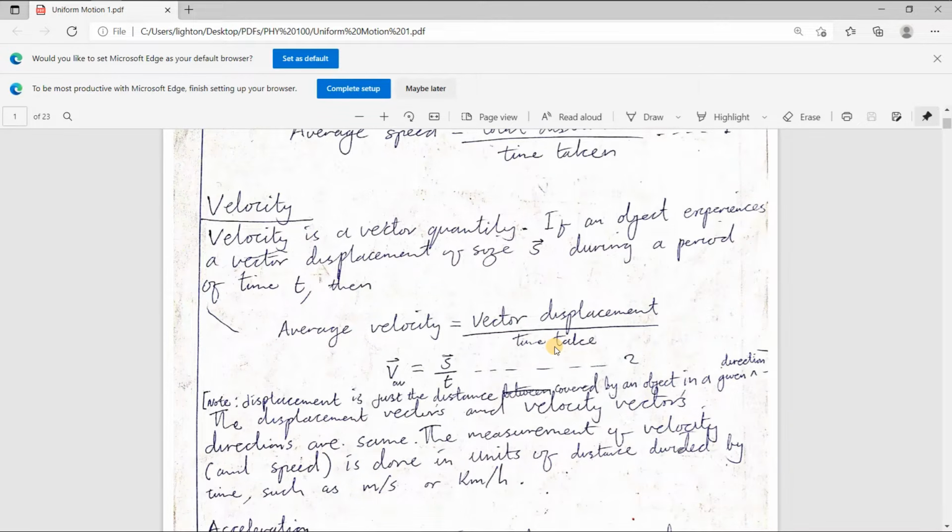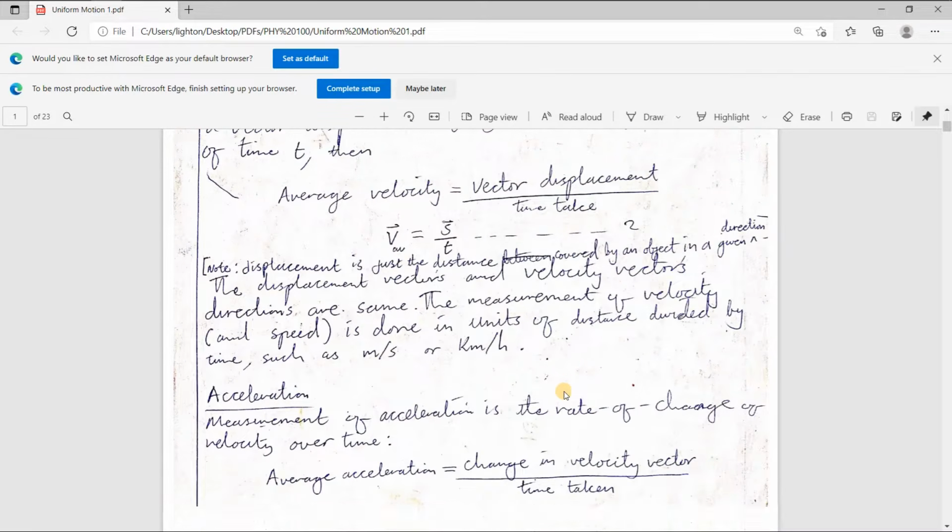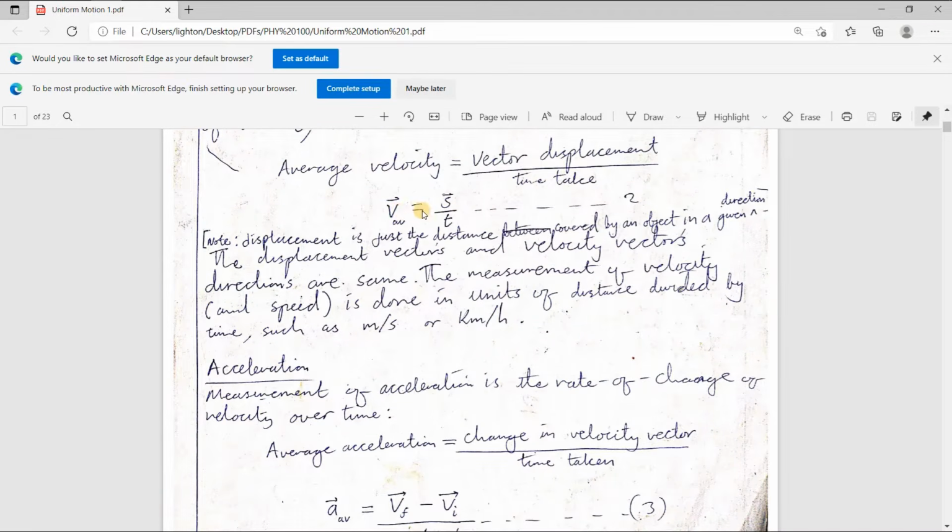That is how you solve for average velocity. In equation form, you can write it as v average is equal to s over t. So that can be your equation 2. Now you should note that displacement is just the distance covered by an object in a given direction.